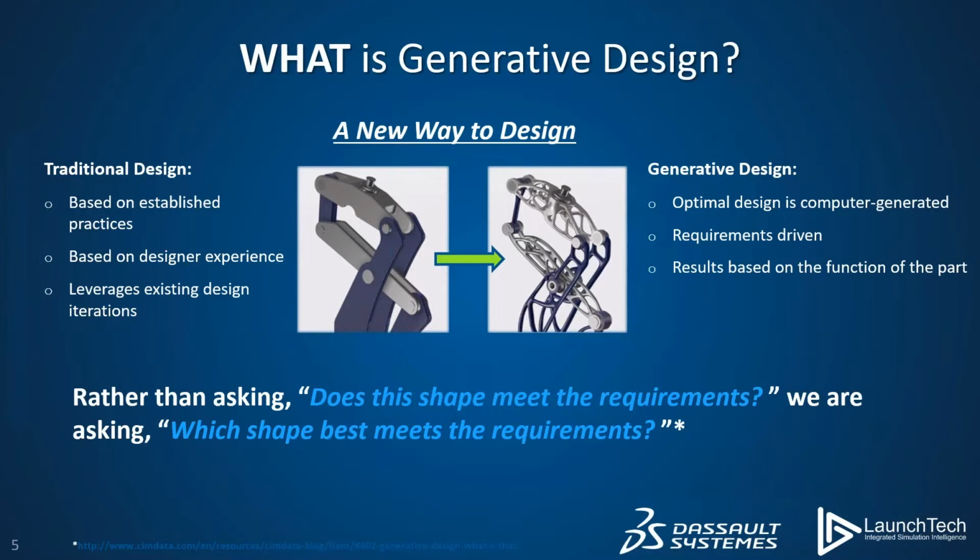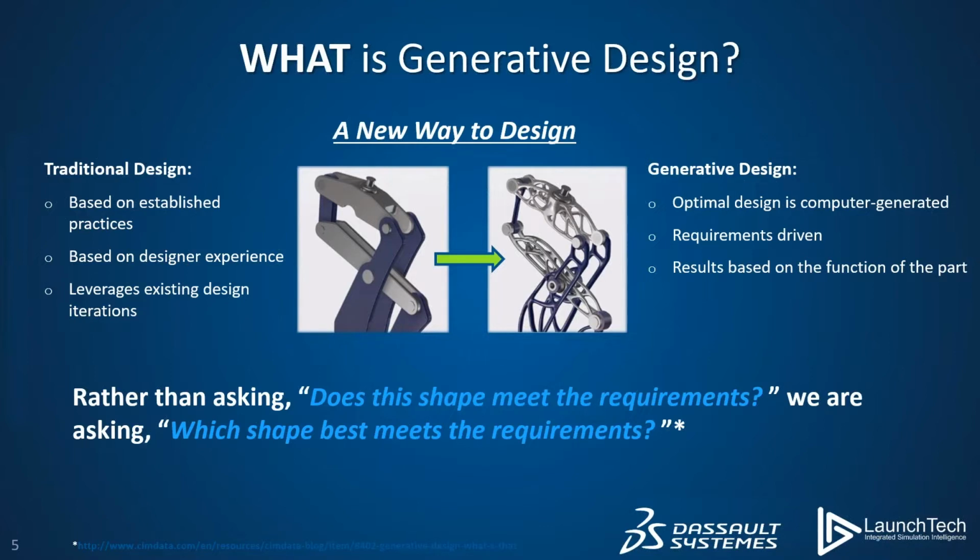In traditional design, the designer would design a component or a product based on established practices and best practices, or based on past experiences and history, making use of existing design iterations and designing the product on top of them.